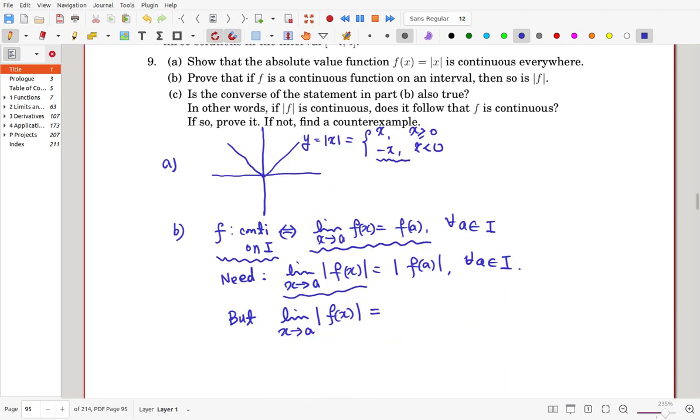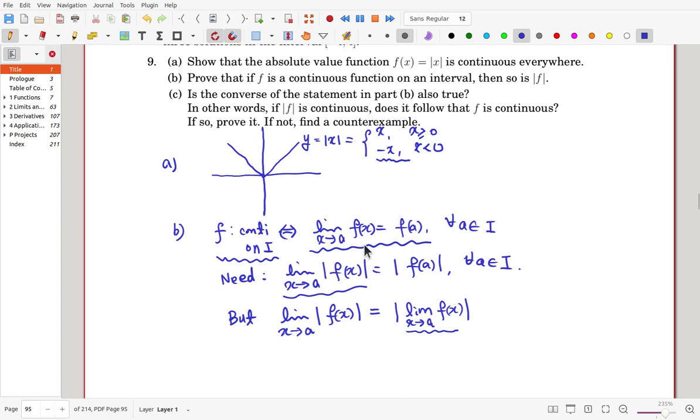The reason we proved in part A that the absolute value function is continuous is that, since it is continuous, we can change the order of application. That means the absolute value and the limit can go inside, onto f of x. Once the limit exists, we can do that. But we already assumed that the limit exists and is the same as f of a. That is the assumption, that f is a continuous function on the interval. So we know from the assumption that it's the same as f of a.